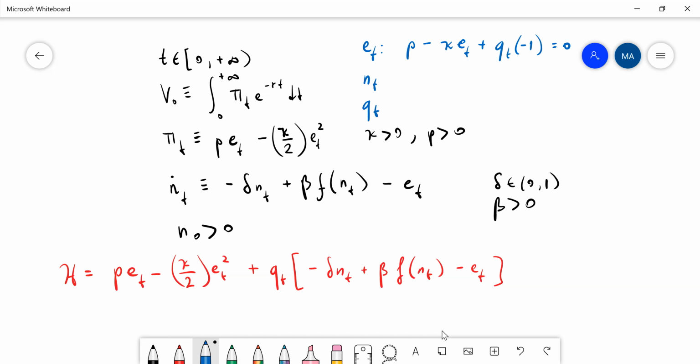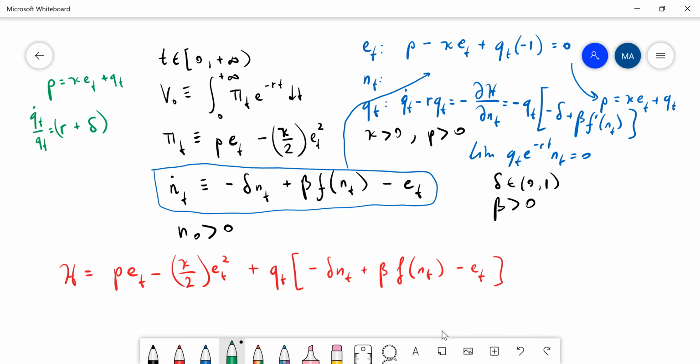Then I have another condition that tells me Q dot T divided by QT will be equal to R plus beta, R plus delta, minus beta F prime NT.